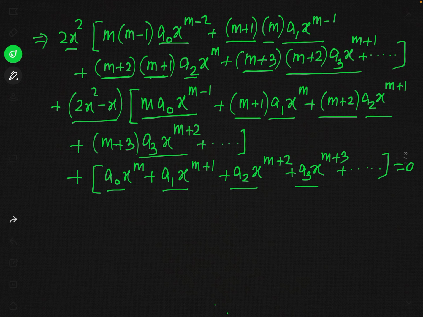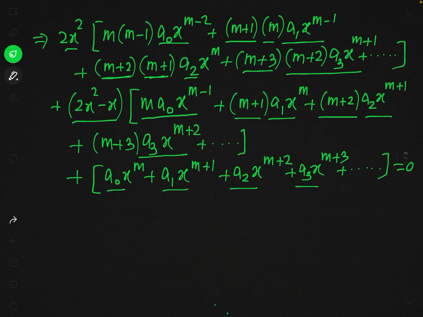In the second term, there will be m plus 1. In the third term, m plus 2. And so on. So in the first series, x to the power m is the term where x has the lowest power.